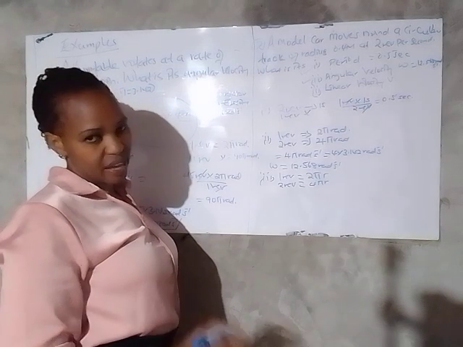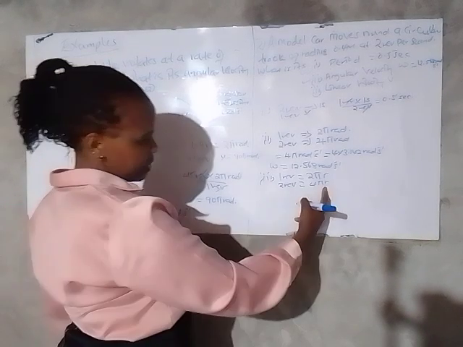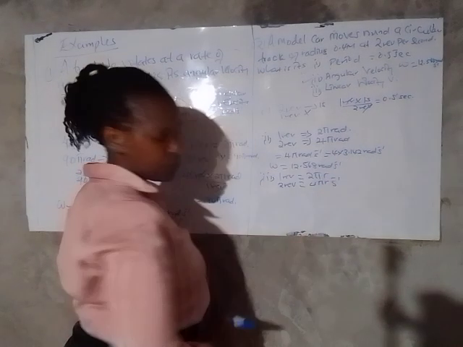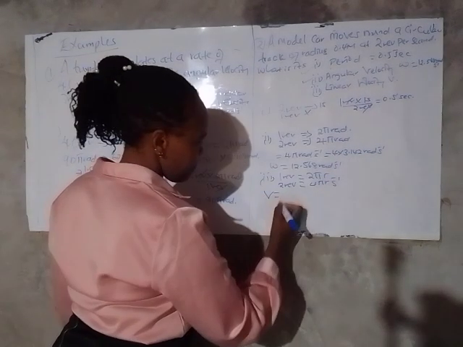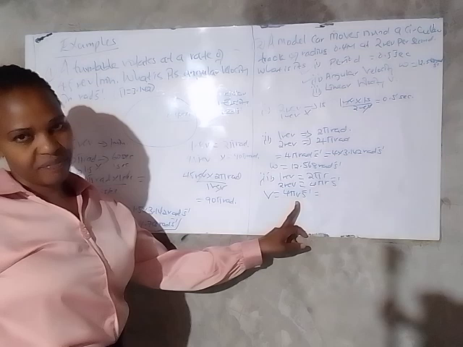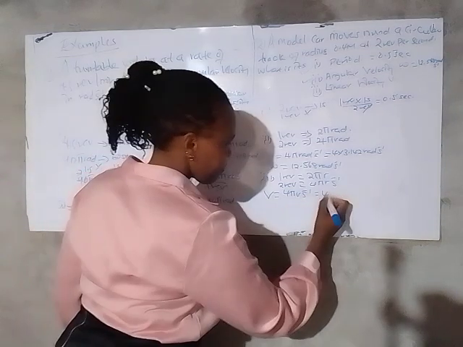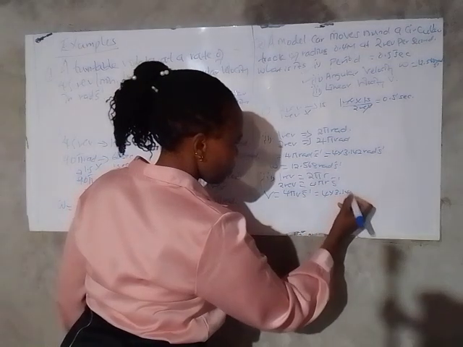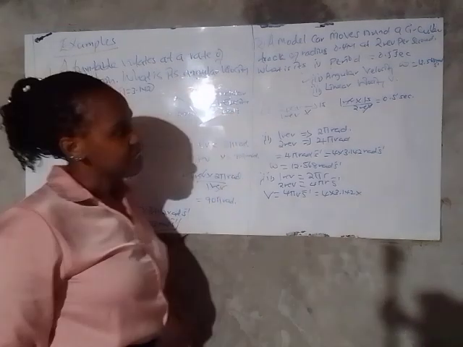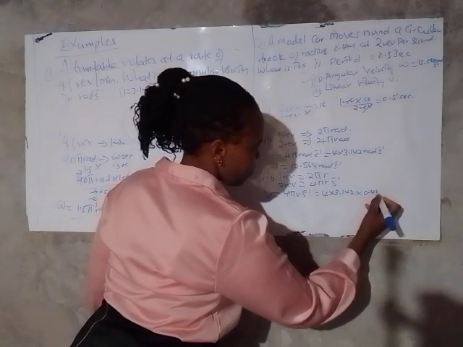Remember, it is per second, so 4 pi r per second. So linear velocity v equals 4 pi r per second. But we don't want to put it in terms of r because r has a value. So it is 4 times 3.142, that's pi, times r. What is r? 0.4 meters per second.